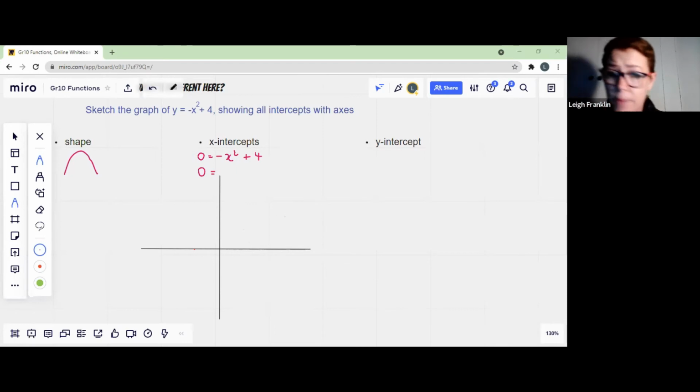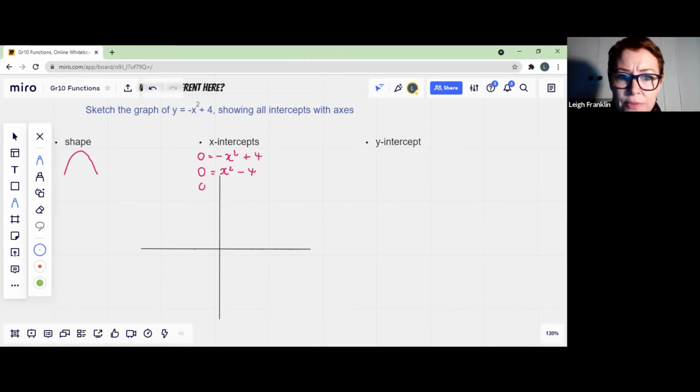Quite right. That is true. When I multiply through by -1, I'm going to end up with x squared minus 4. So I've multiplied 0 by -1, minus x squared by -1, and minus 4 by -1. The reason I do this is just to make things easier for me in terms of my factorizing.